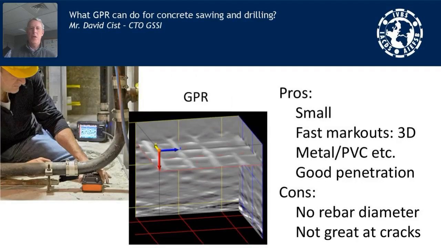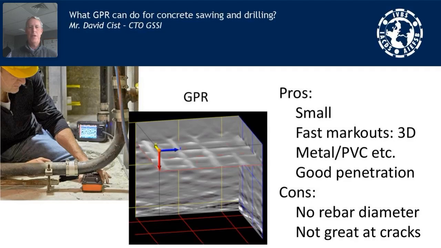So GPR is sort of the last one of these. It's one of the most commonly used tools for marking out, partly because it's very fast, partly because, as in this example, it can be very small and get into really tight places. It doesn't only see metal. It can also see PVC. It can see thin wire. And there's enough penetration for typical jobs.